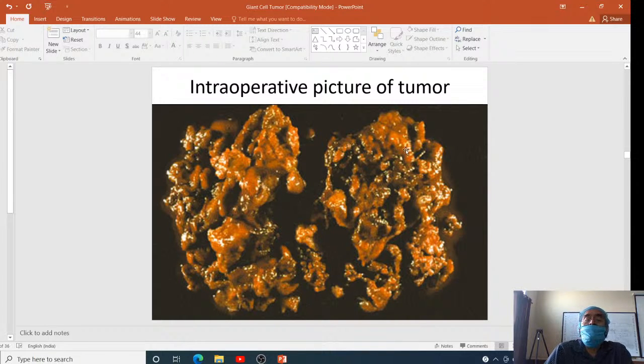If the whole tumor is a necrotic or hemorrhagic mass, the more the necrosis, the more the hemorrhage, the more chances that it is malignant. So by looking at the specimen itself, with some experience, if you're doing 3, 4, 5, 6, 7 cases, then you gain this experience, and just by looking at the specimen you can have an idea even before the biopsy.